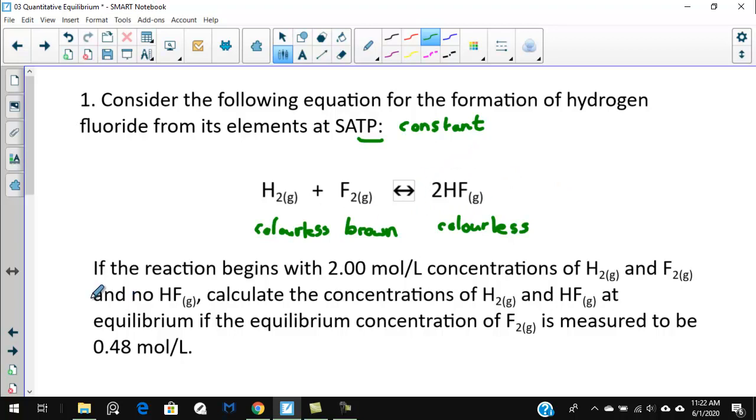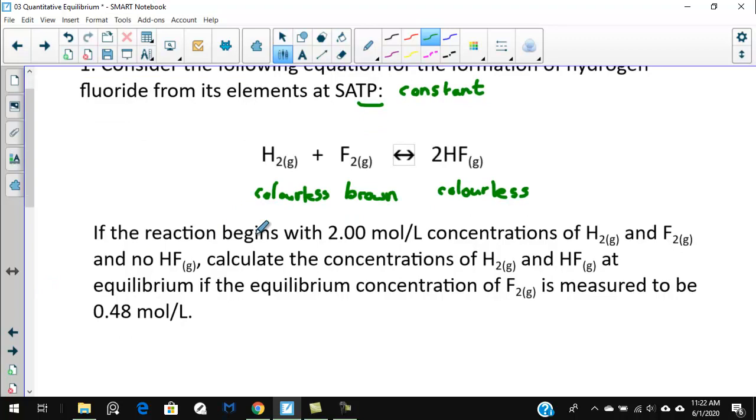Okay. So it says here, if the reaction begins with 2 moles per liter concentration of H2 and F2. We'll typically be working in concentration. You'll remember in grade 11 we would have worked in moles, but remember these things are occurring in a closed system. As long as your system is closed and not changing shape, and they don't even tell us how big the system is in this question, but as long as that volume is constant, then we can simply work in concentrations.